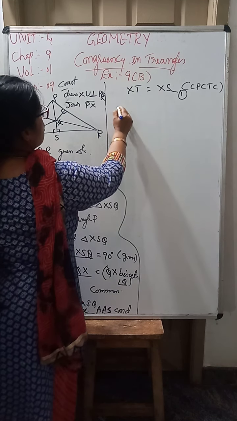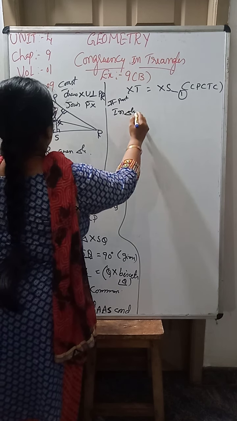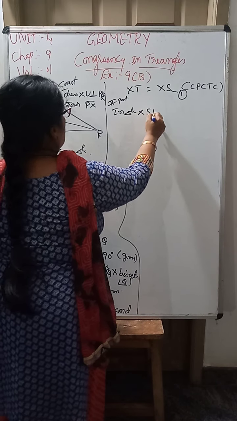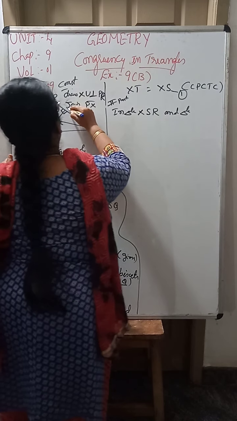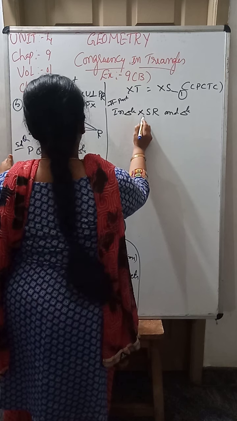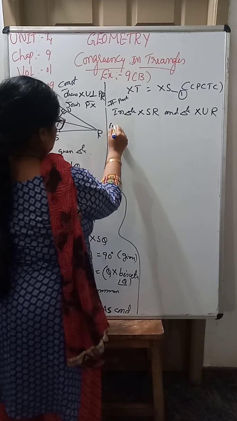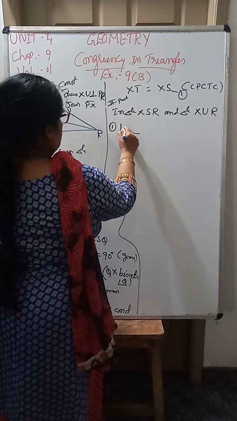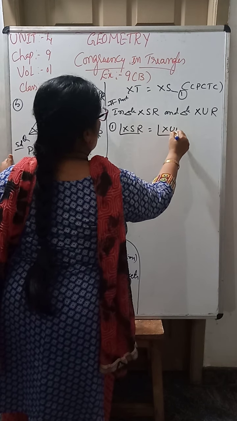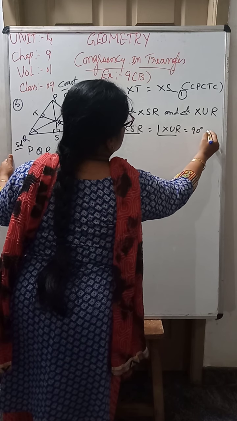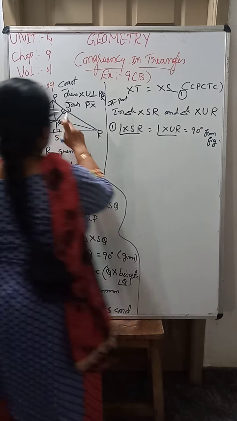Now in the second part, in triangle XSR and triangle XUR, first one, angle XSR is equal to angle XUR, which is equal to 90 degrees. That is from the figure, we have drawn a perpendicular line.